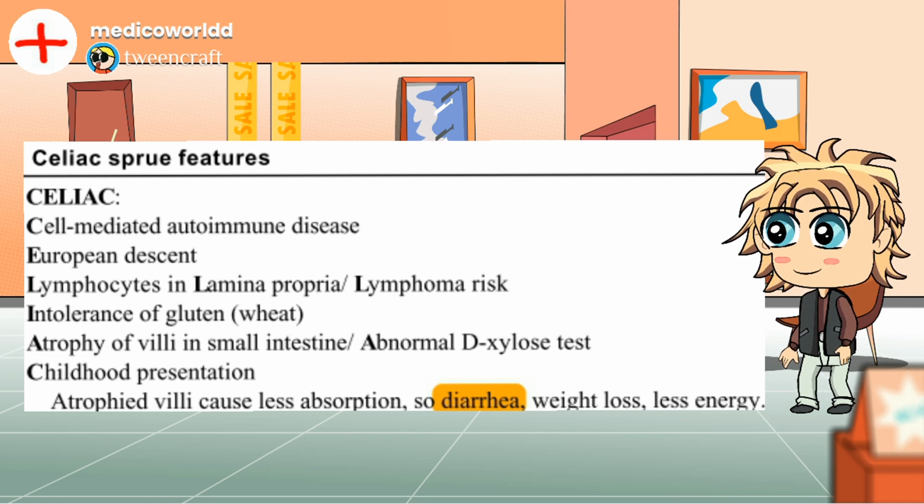Wheat is a cereal. A for atrophy of the villi in the small intestine. Abnormal D-xylose test. C for childhood presentation. Atrophied villi cause less absorption in the gastrointestinal tract. So, diarrhea, weight loss, and less energy are associated with celiac sprue.